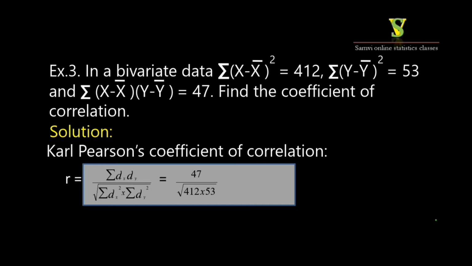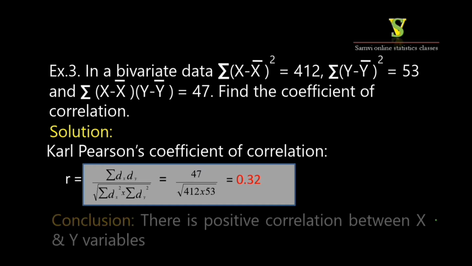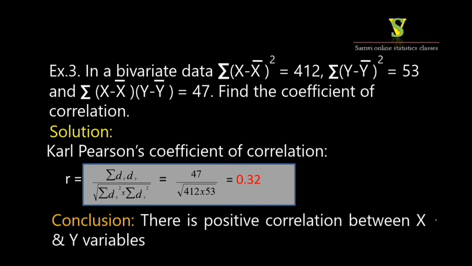Just substitute the values in the formula, we'll get like this. Now make the simplification. If you simplify, we get the result is 0.32. It means there is a positive correlation between x and y variable. So we can write the conclusion like this: there is a positive correlation between x and y variables.